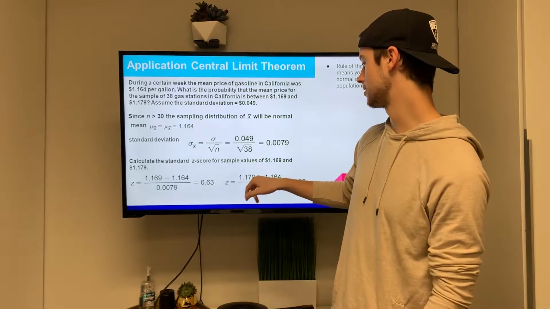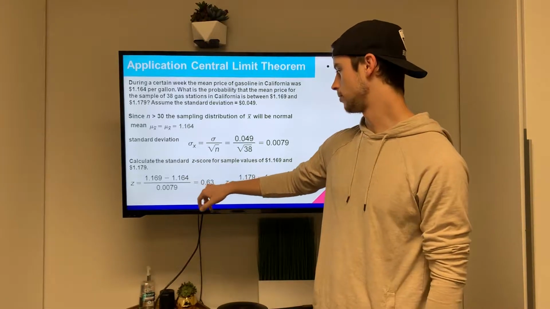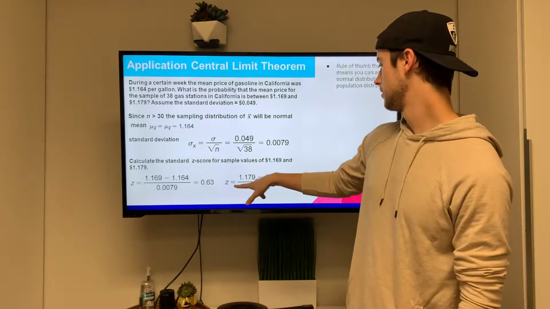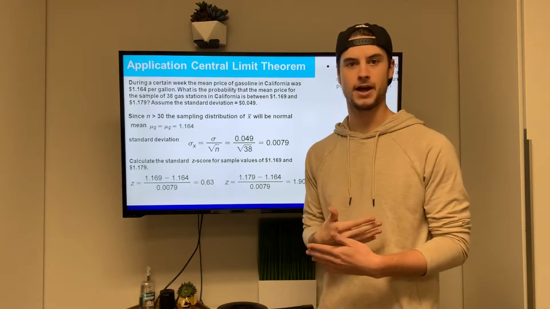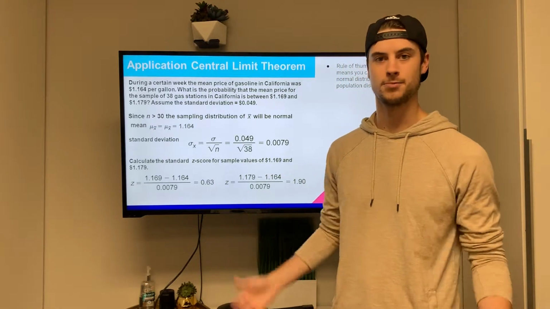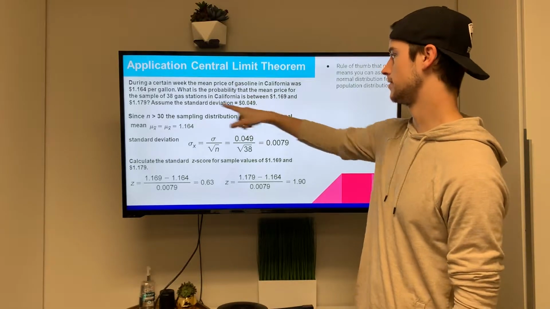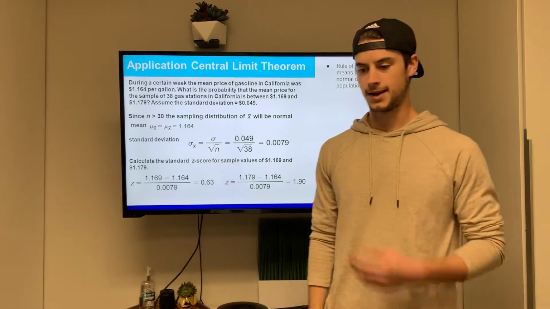So you can do 0 to 1.90, 0 to 0.63, and then you can subtract them because again, you don't want to calculate these probabilities twice because they overlap each other, right? So you subtract them, then you find your probability, and that is your probability that the gas prices of these 38 gas stations is between this number and this number, okay?